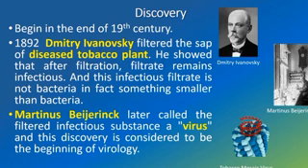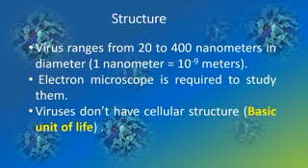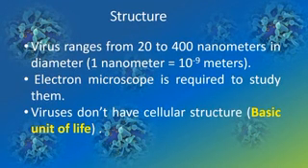Viruses range from 20 to 400 nanometers in diameter. So an electron microscope is needed to study viruses, because a virus cannot be seen under a normal microscope. It is an ultramicroscopic organism. Viruses don't have a cellular structure.